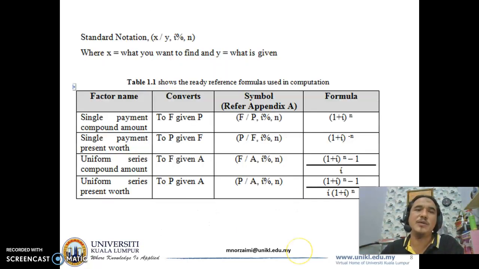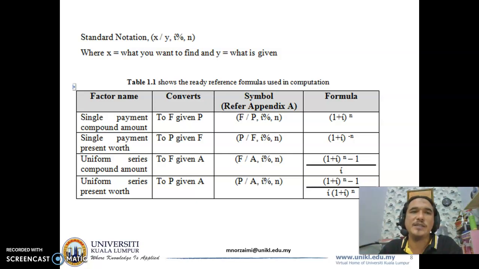Then this is how we want to calculate the PW, FW, and A. Alright, so the standard notation is X over Y, I is interest, N is the number of years. What is the meaning of X over Y?